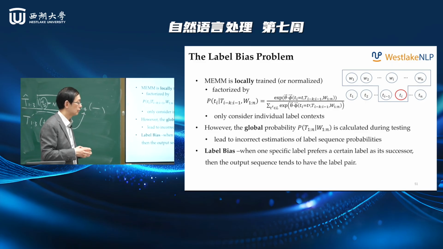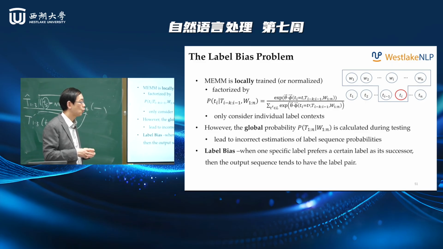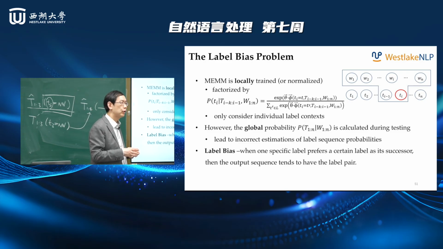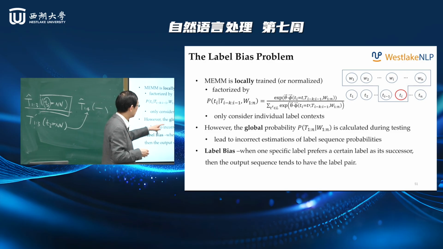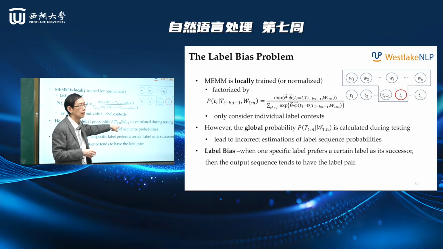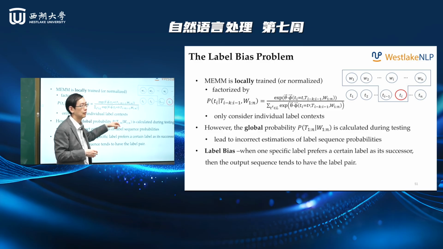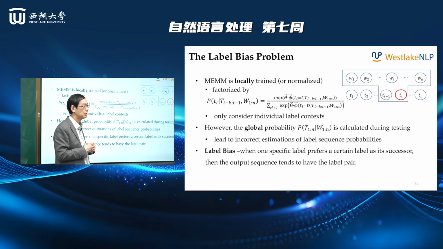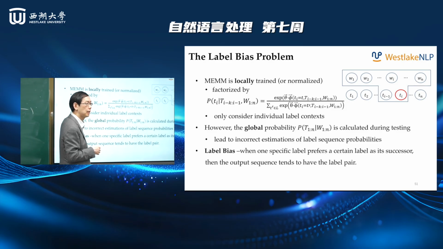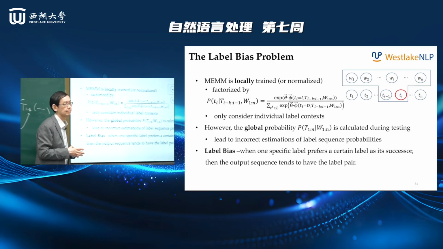But during decoding, what did we try to maximize? We tried to find the highest scored tag sequence. So I'm trying to say that this global sequence level probability, if it is obtained by accumulating these locally optimized probabilities, then we have a bug.